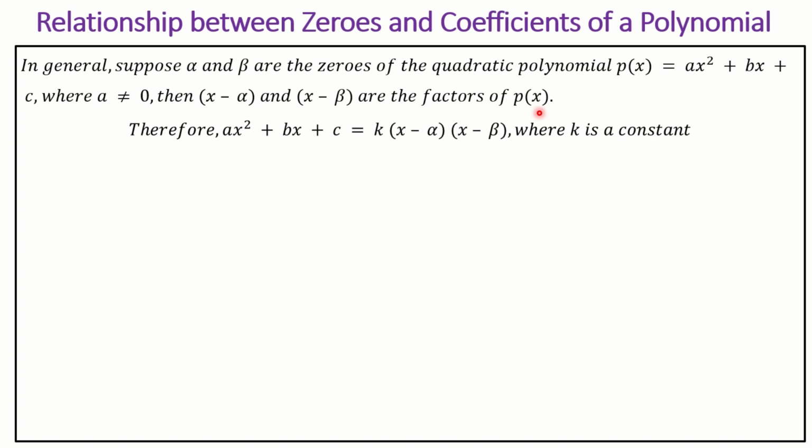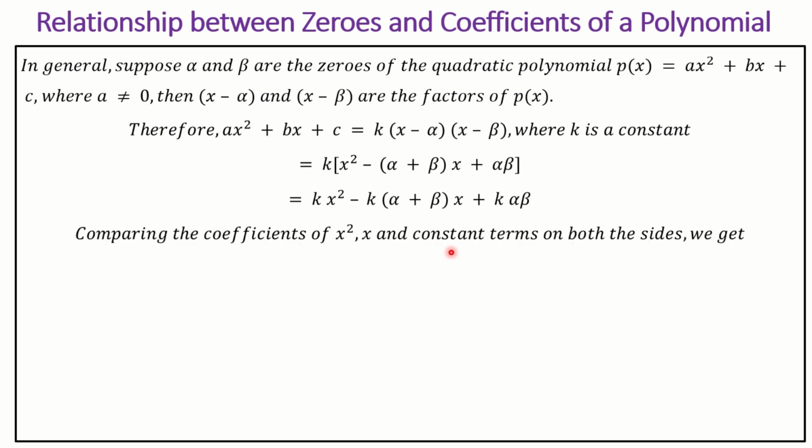So ax square plus bx plus c equal to k, some constant, into x minus alpha into x minus beta. That is k into x square minus alpha plus beta into x plus alpha beta. So you take the k inside each term. Now you see, a equal to k, b equal to minus k into alpha plus beta, c equal to k alpha beta.